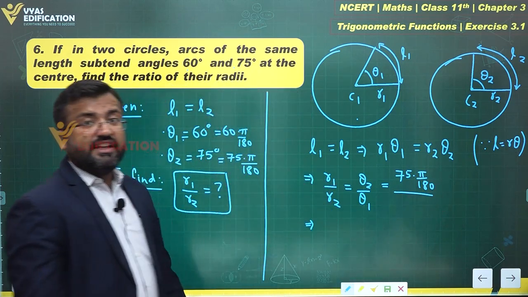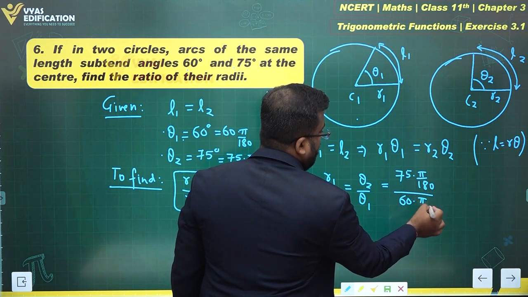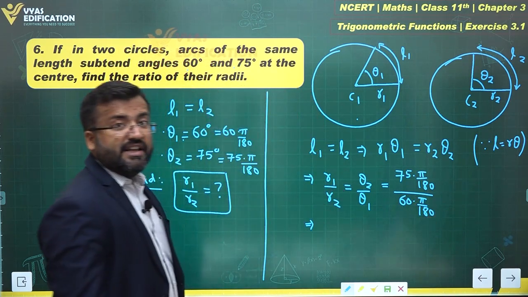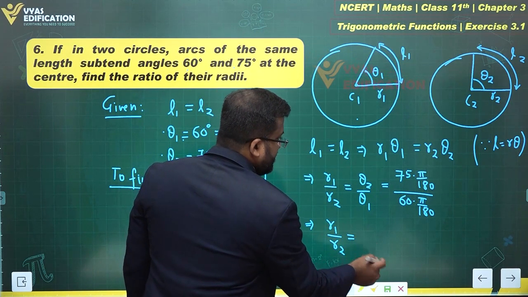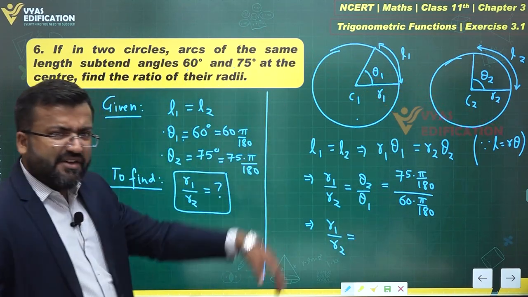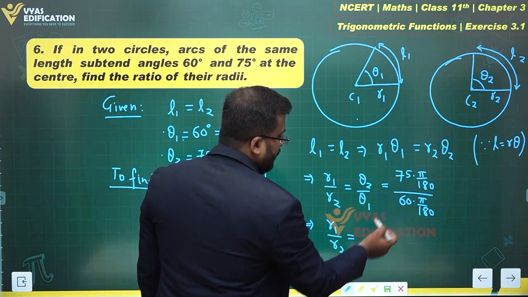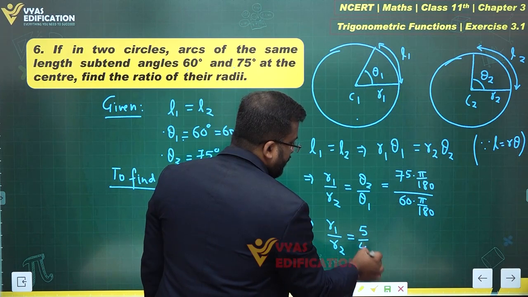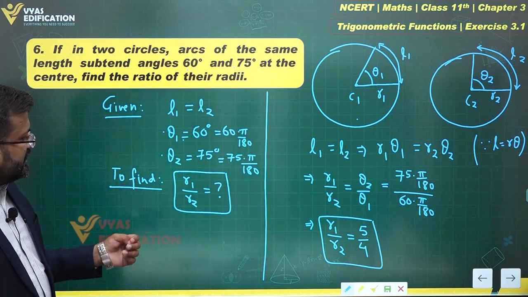And this theta 1 is also 60 times pi upon 180. Is that simple? Yeah. So this implies that R1 upon R2 would be equal to, the pi by 180 factor will get cancelled, 75 upon 60 is what you get, and 15 times 5 over 15 times 4. 5 by 4 is what I get. This is my final answer for this question.